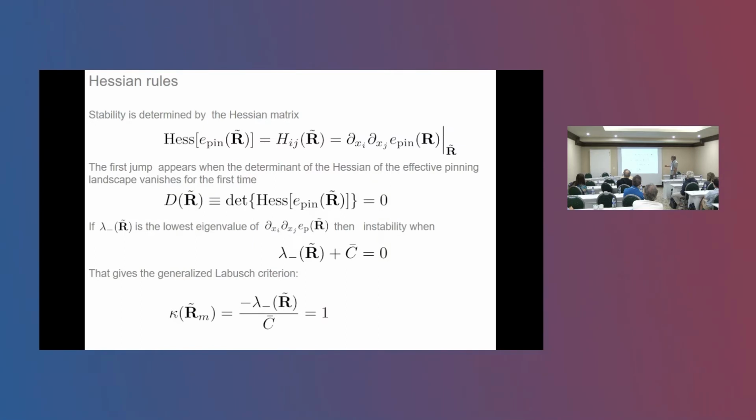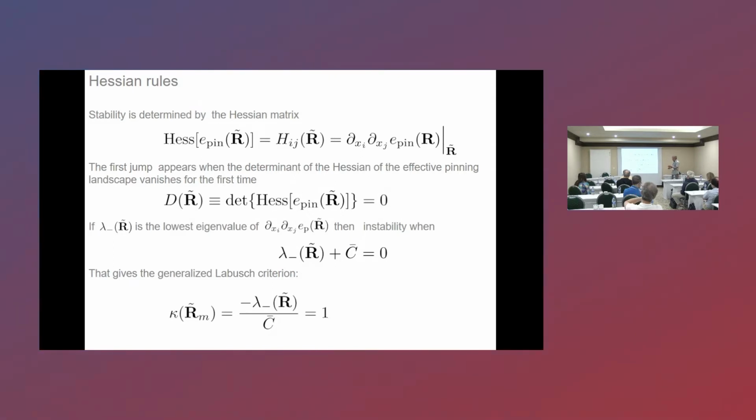So the stability of our system, so the position of the minima, is determined by the Hessian matrix, which is the matrix of second derivatives, and the jump appears when the minimum goes to a saddle, which means when the determinant of the Hessian matrix vanishes for the first time.